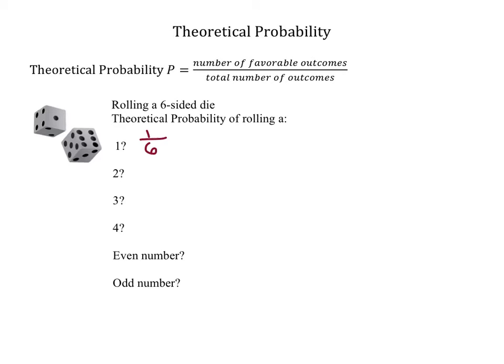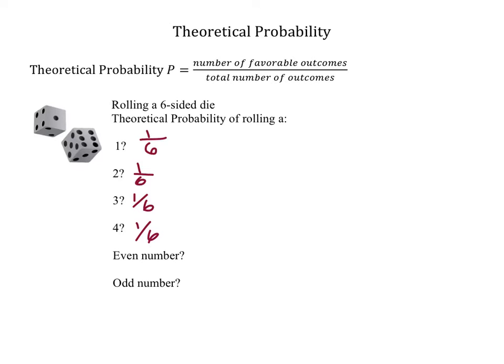At 2, there's one side again with 2, and there are 6 sides altogether, so it's also going to be 1 over 6. At 3, it's the same, 1 over 6. At 4, it's also 1 over 6. I could leave it at that, or maybe I want to convert it to a decimal to get a better picture of what the probability is.